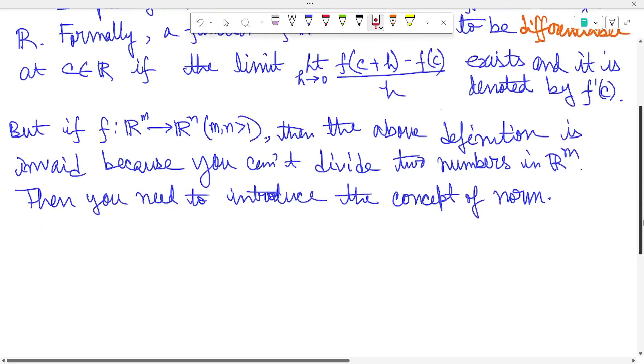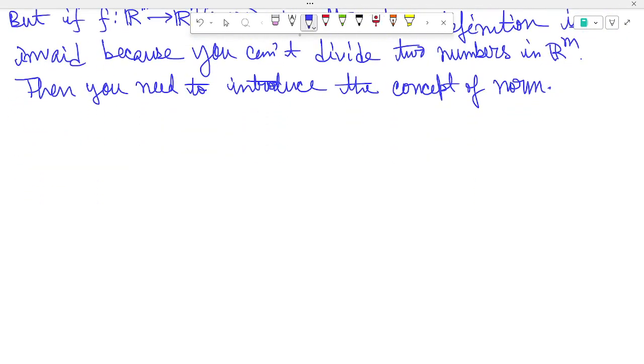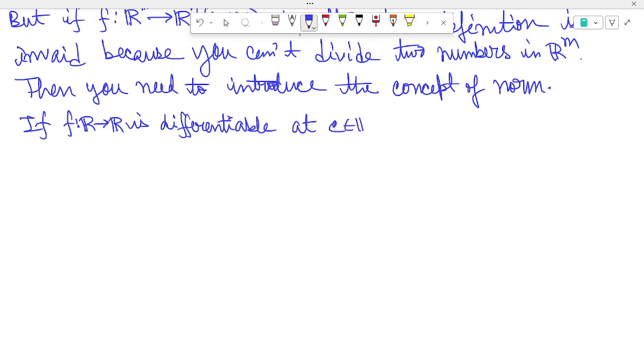See, if f from R to R is differentiable at c belongs to R, then what do we have?